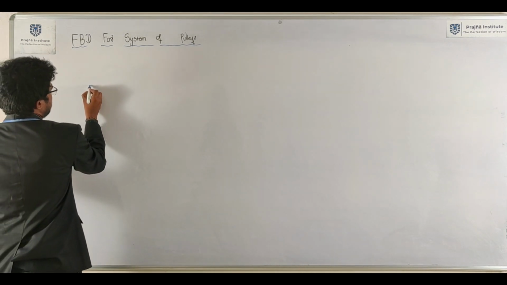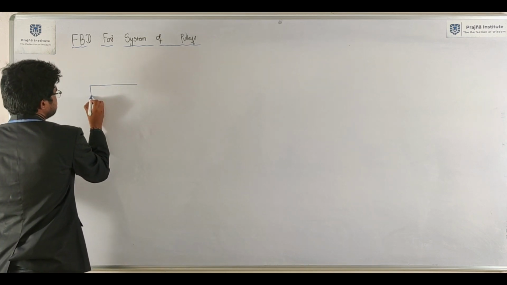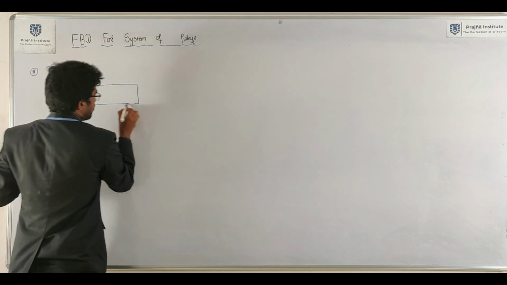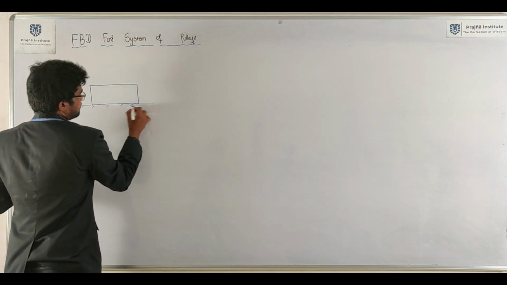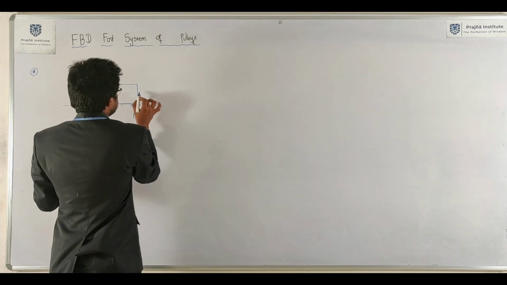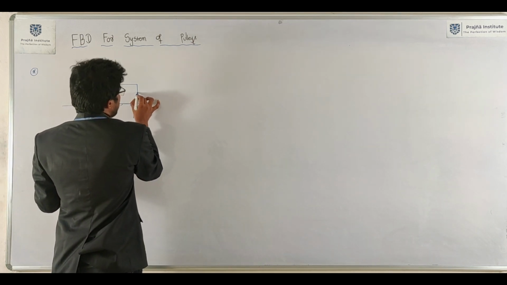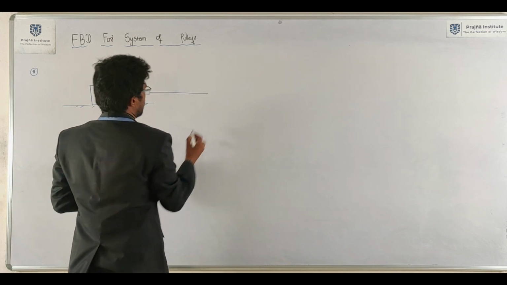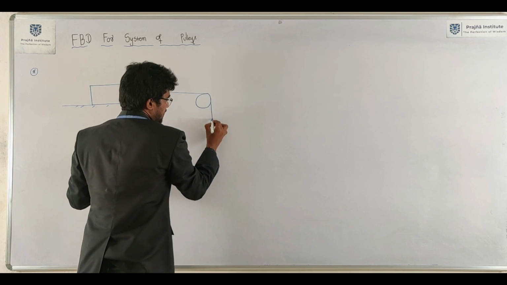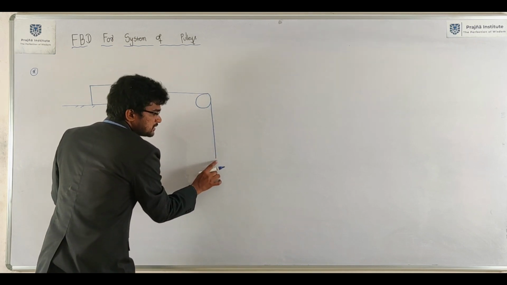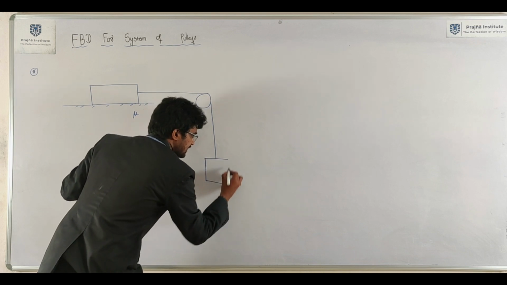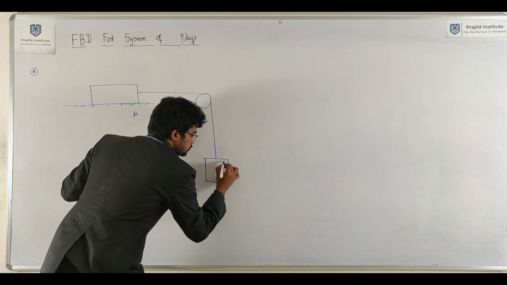A block weighing W1 is resting on a rough horizontal floor with coefficient of friction mu. A string is attached to the block and passes over a pulley. The other end of the string is attached to a block weighing W2.